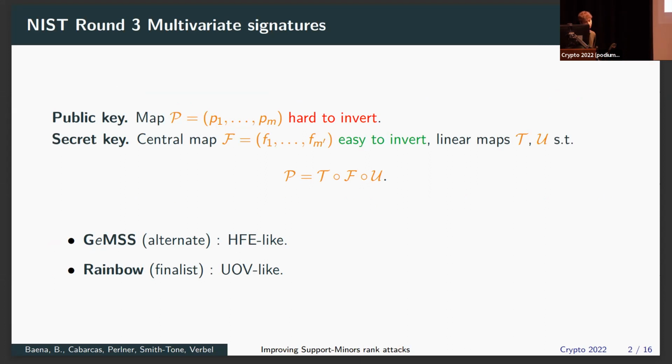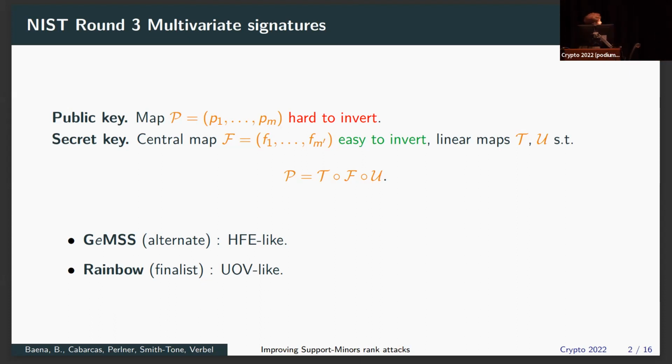And the secret key is some extra information which would allow a legitimate user to efficiently find preimages of P. So you start from what I call big F, which is the central map. It's a polynomial system which is easy to invert this time. And you also have some linear maps T and U, such that P is equal to the composition of T, F, and U.